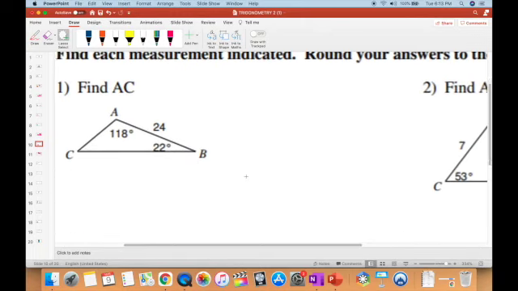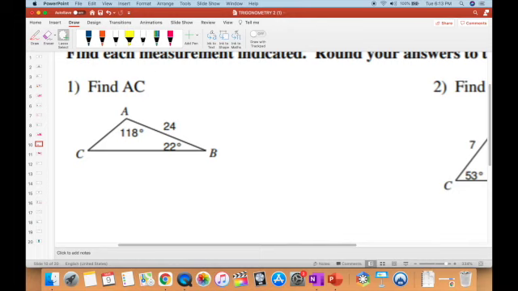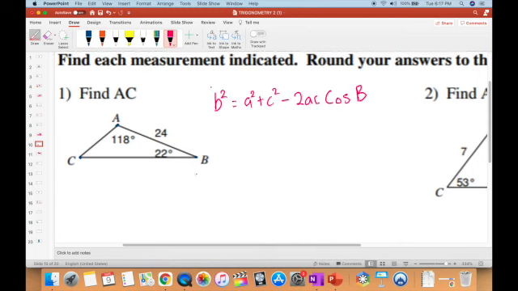Did anybody try to do these questions? Could anybody give me an idea of what to do here? Should I use the sine rule or the cosine rule? I have to find AC. AC is this side over here. It was correct with the sine rule.